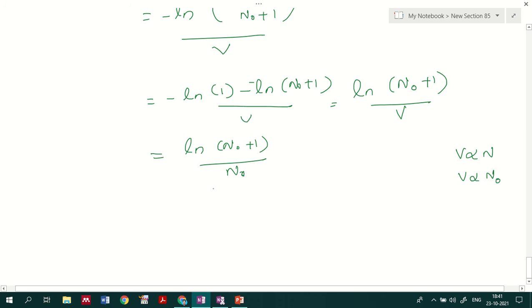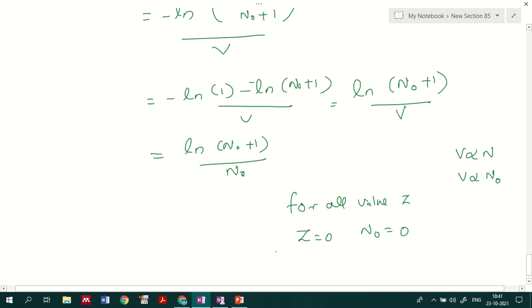Now, for all values of z, if I consider z equal to 0, then n0 will be equal to 0.